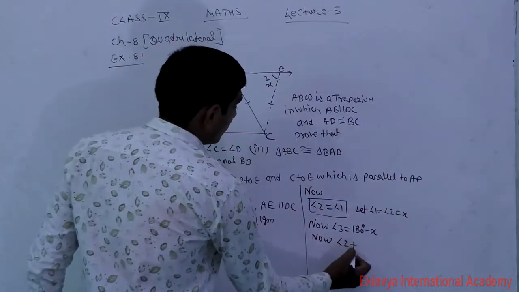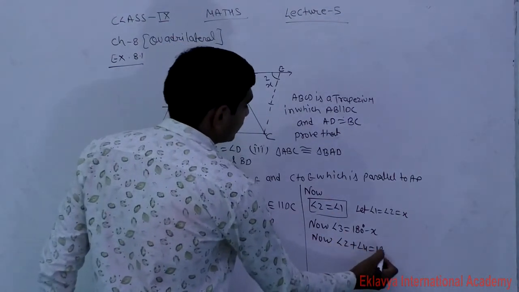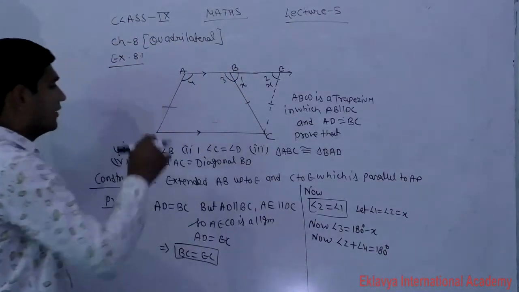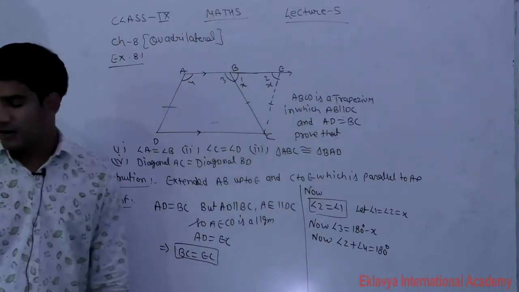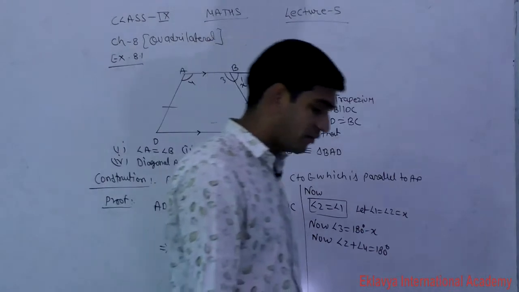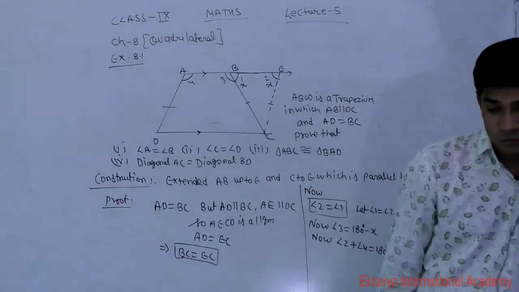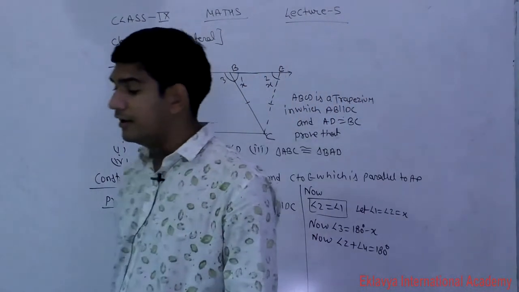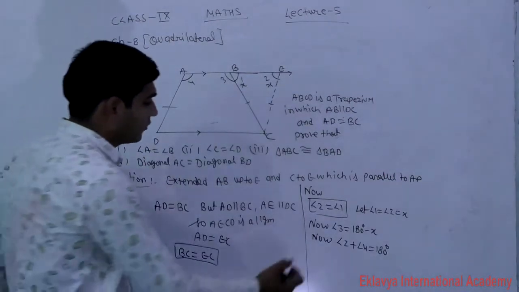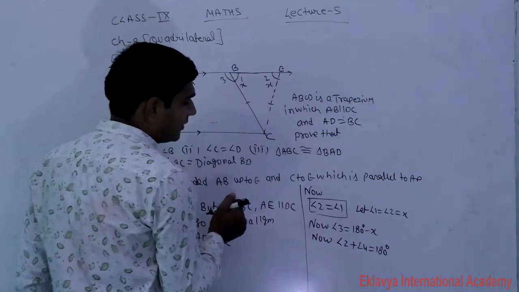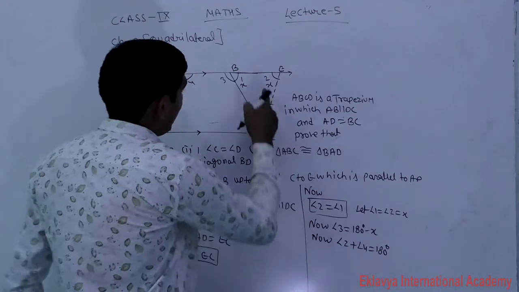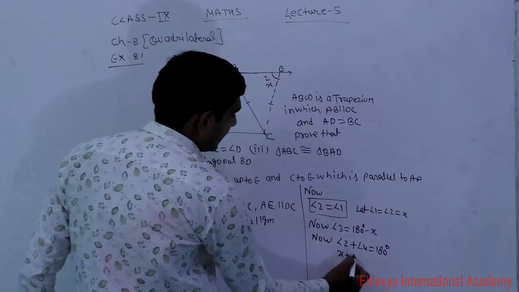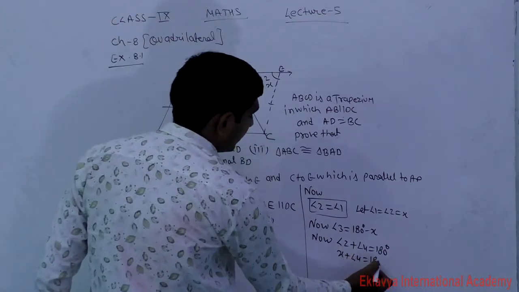Angle 2 plus angle 4 is equal to 180 because ADCE is a parallelogram, and we know that in a parallelogram the sum of two consecutive angles is 180 degrees. So angle 2 plus angle 4 क्या बना, 180 degrees. Now angle 2 value is x, plus angle 4 is 180.